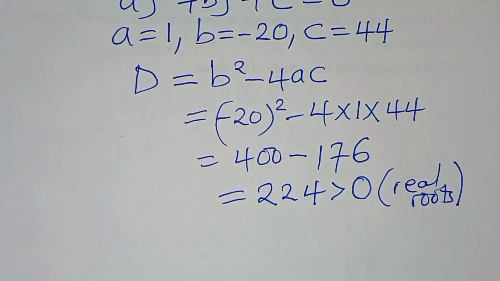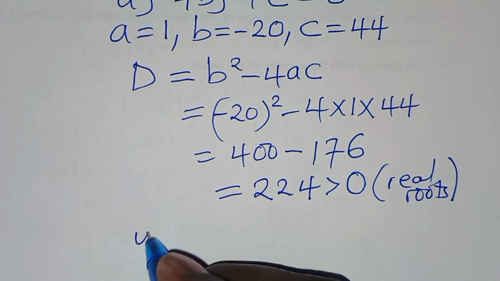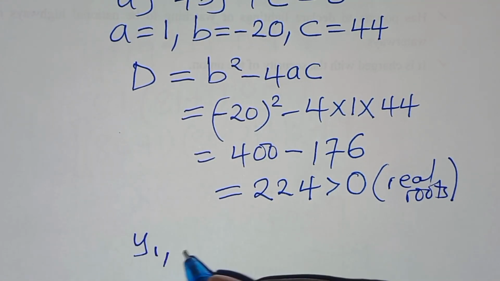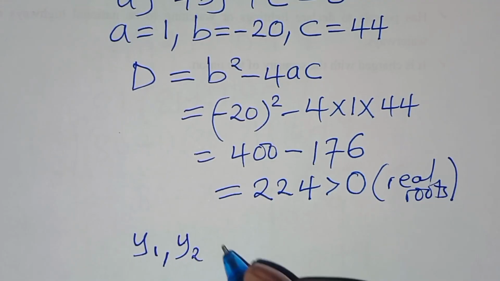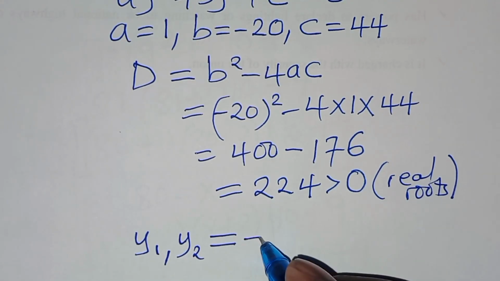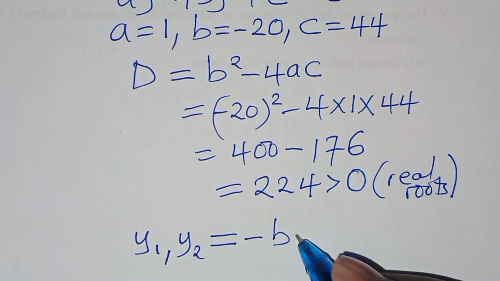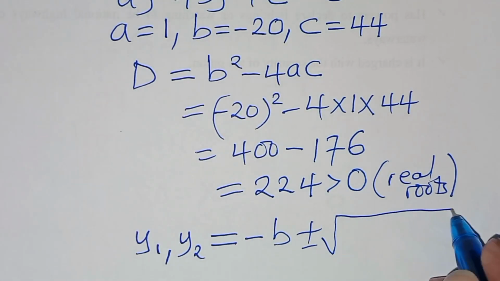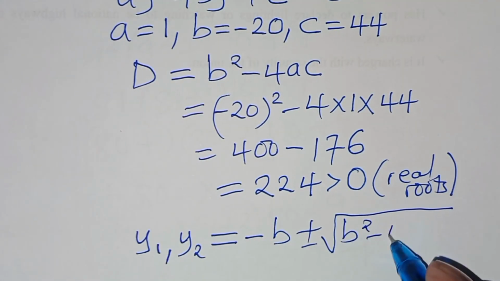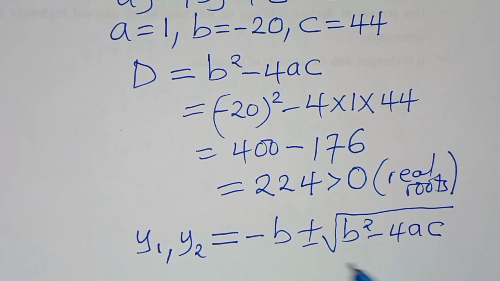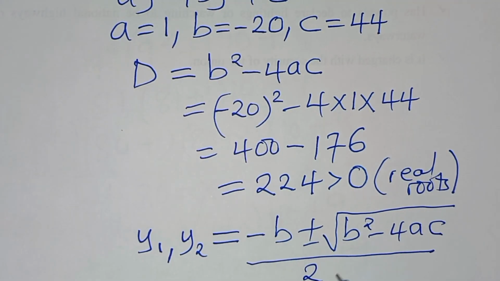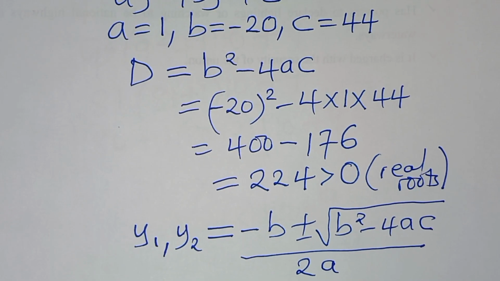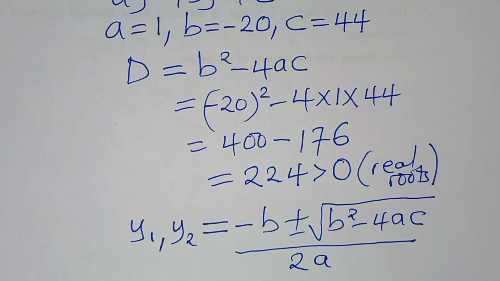So let's proceed to solve for the values of y1 and y2, which we can solve by applying the quadratic formula. That's minus b plus or minus the square root of b squared minus 4 times a times c, all this divided by 2 times a. So let's proceed from here.